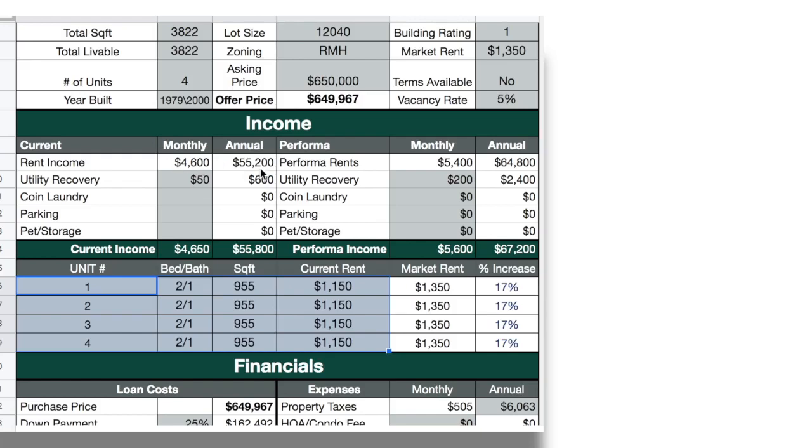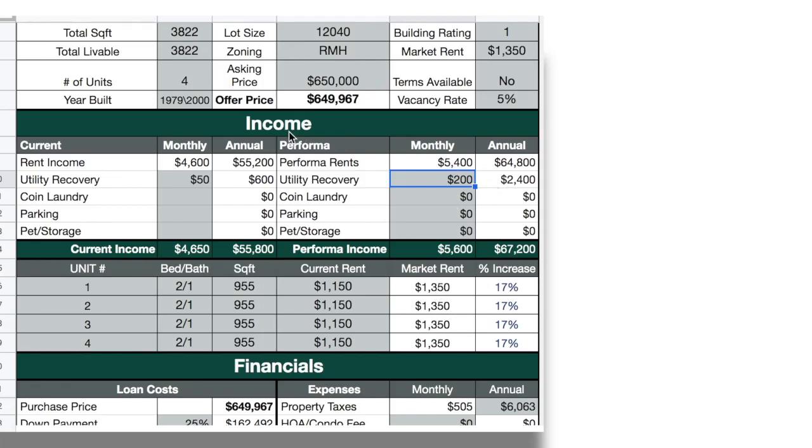Okay. Then you have your Performa income, which is here, which populated from here, your market rent. So we're saying we can go from $4,600 to $5,400 in rent income. And I'm also saying we can increase utility recovery to $200, so $50 per unit. That would mean effectively people are paying $1,400 a month to live here.